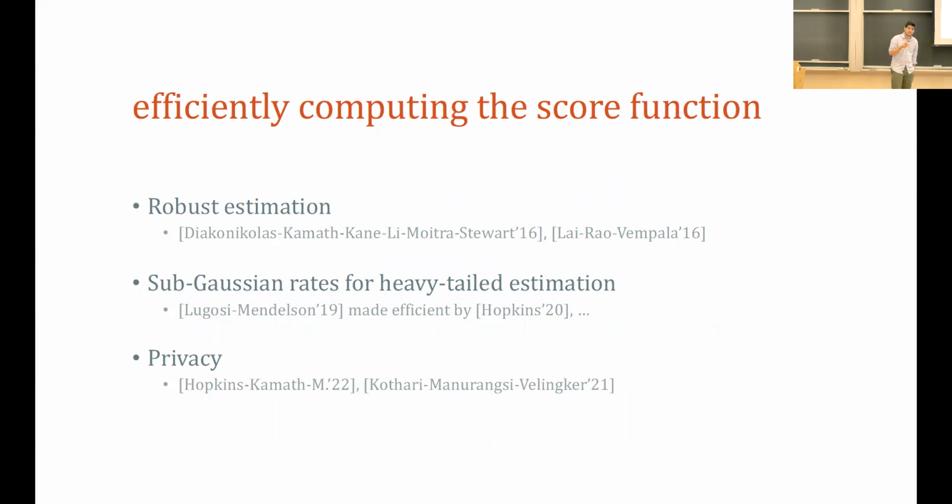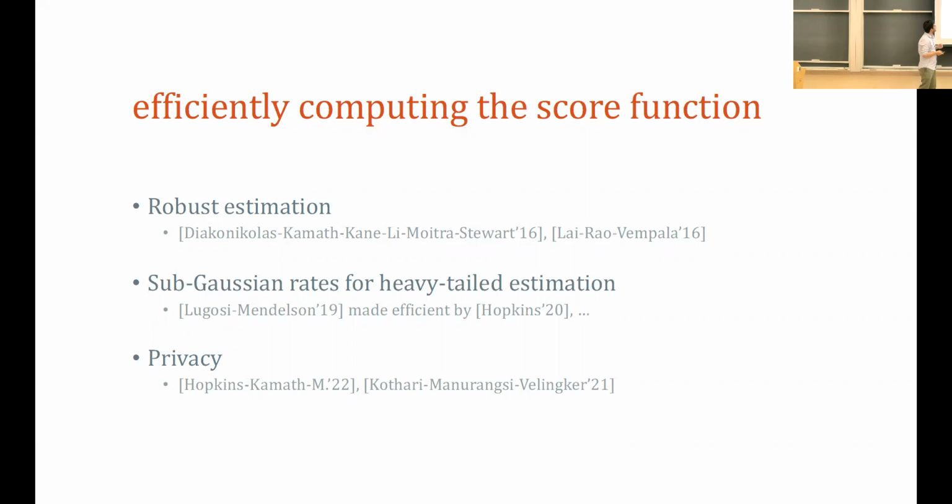This pattern has appeared in robust statistics and high-dimensional statistics before, specifically in robust estimation, in heavy-tailed mean estimation, and in privacy by Kothari, Manurangsi, Lucy, and Wellinger. So maybe we can use some of the ideas in these previous works to define a score function that we can compute efficiently.